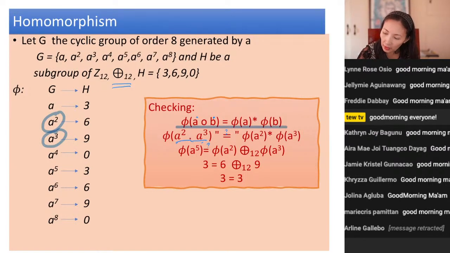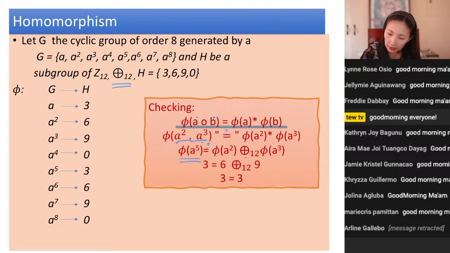So, instead of star now, I'm going to make use of the operation in H, which is addition modulo 12. Phi of A cubed. Now, let's simplify. Phi of A to the fifth power. Go back to the mapping. Phi of A to the fifth power. Let me erase this now.